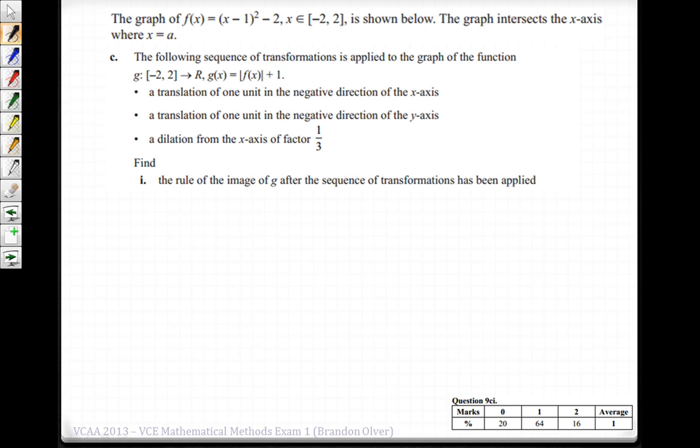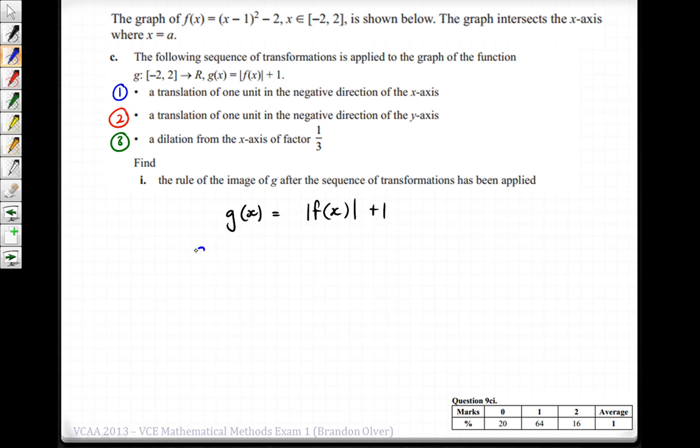So originally we had that g of x, if I just put that first, equaled the absolute value of f of x plus 1. So if I call this number 1, this number 2, and that one number 3, let's see what that's going to do to g of x.